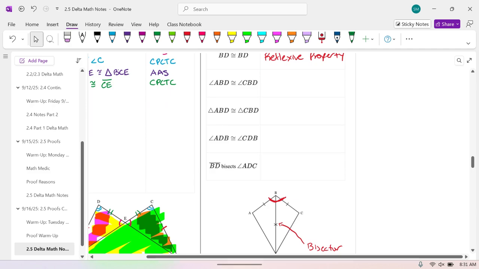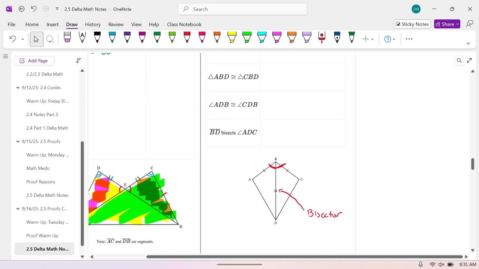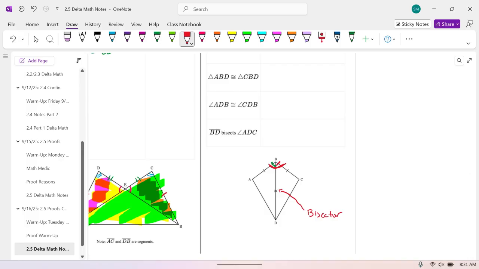They then said an angle ABD is congruent to angle CBD. So they're saying that this angle is congruent to this angle. Why is that true? It's a bisector. It's a definition of angle bisector.